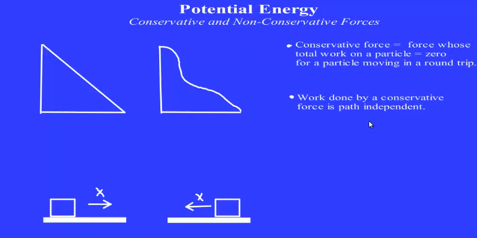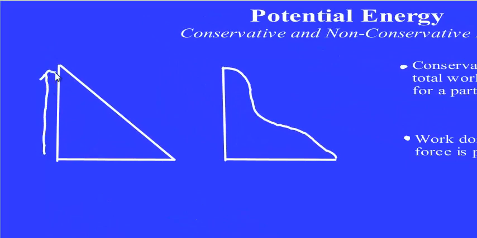It turns out that we can classify forces as conservative or non-conservative. So let me show you that right now. Take an example here of a skier on a hill. When the skier goes to the top of the hill, the work that gravity does on the skier is negative mgh.